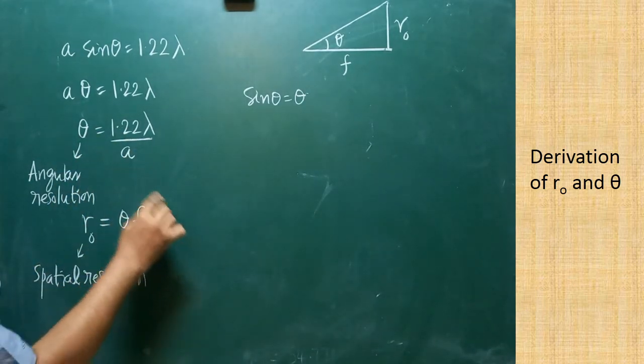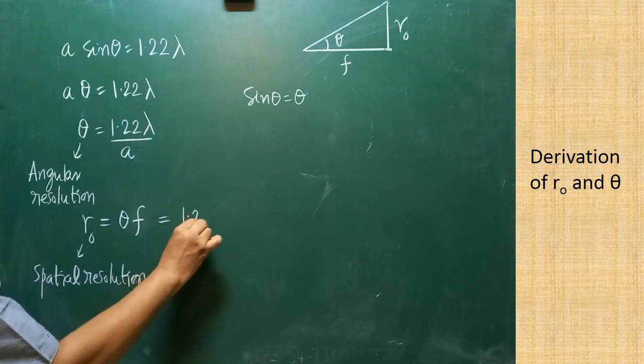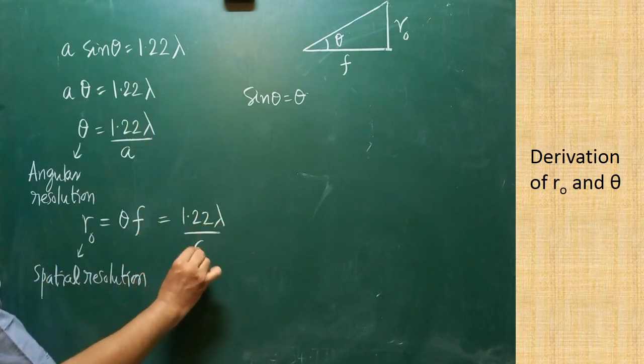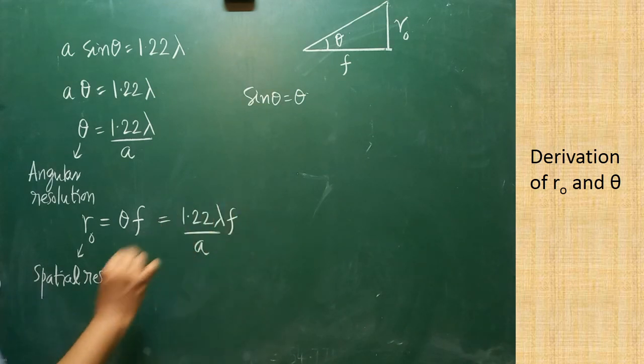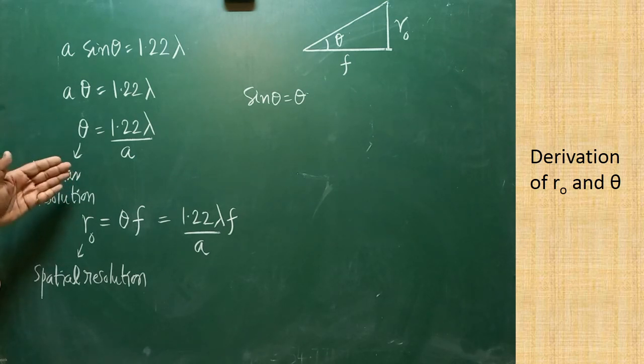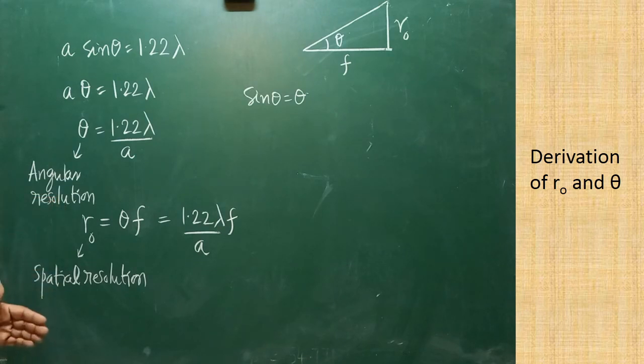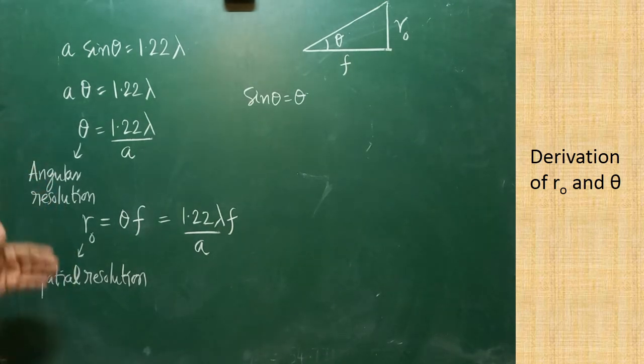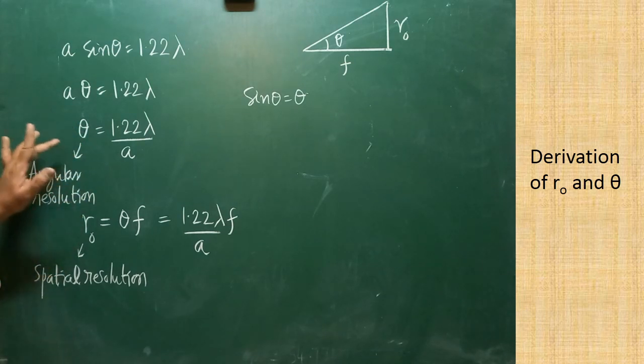Substitute the value of theta: instead of theta, substitute 1.22 lambda divided by A, into F. This is the expression from which the spatial resolution of any optical instrument can be found. If theta is too small, resolving power will be more. If R0 is very small, that is, spatial resolution is very small, resolving power will be more. So to calculate the angular resolution and the spatial resolution, these two formulae must be used.